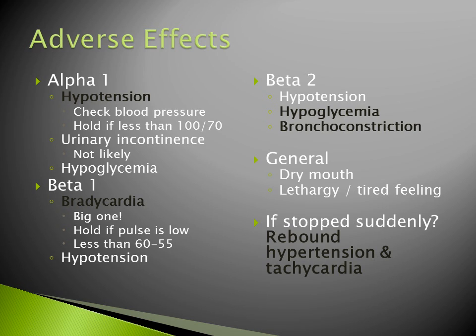If it's greater than 170, I would still give the medication, because if you start holding these medications, it can result in a rebound hypertension and tachycardia. So 100/70 tends to be the magic cutoff. We worry more about the top number than the bottom number when we're trying to decide if we're going to give or not give, though. But 100 tends to be the magic cutoff for it.